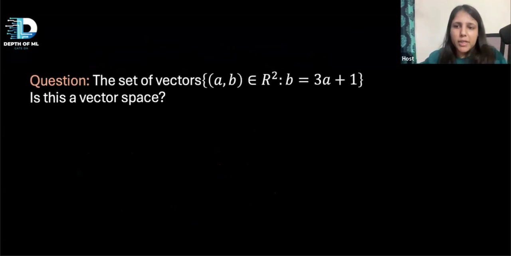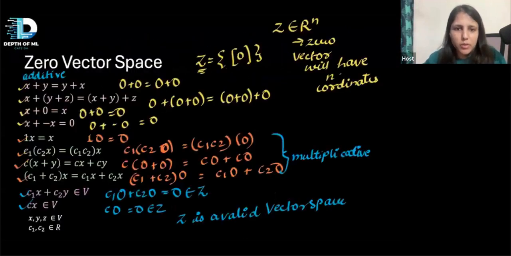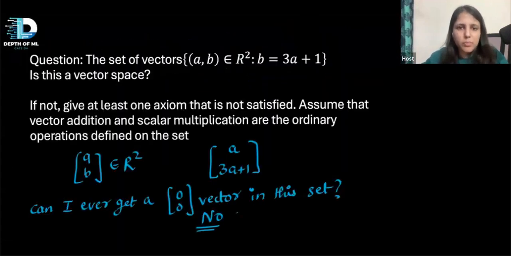It's not closed under addition and multiplication as well. I have not checked that, but let me check. Yeah, this will also not have an identity vector, is it? If I multiply it with 1, I'll get a 1.